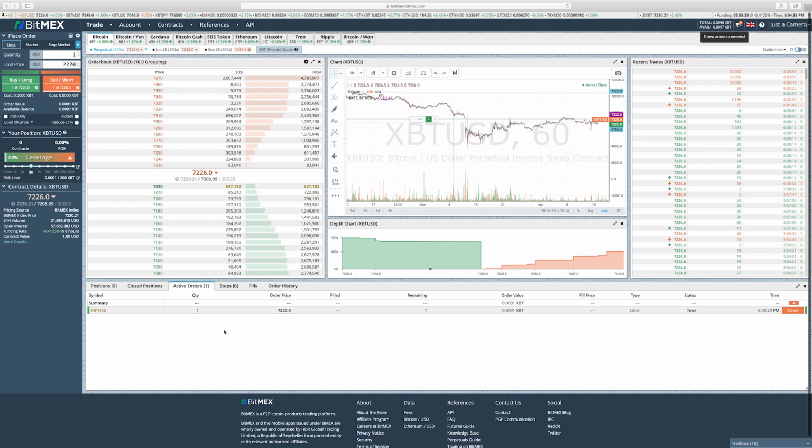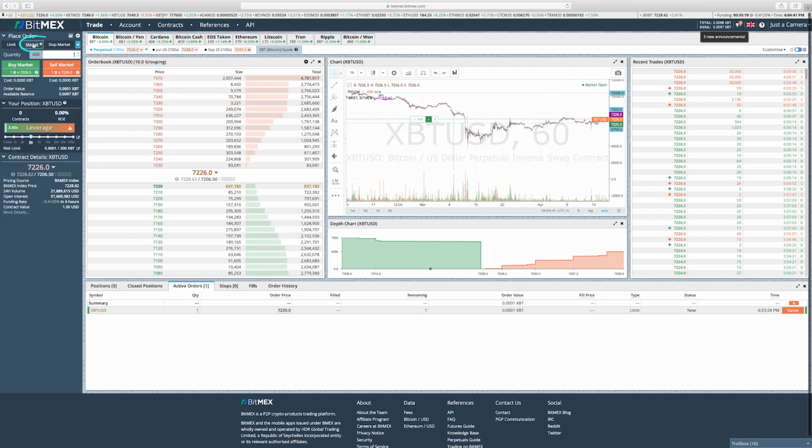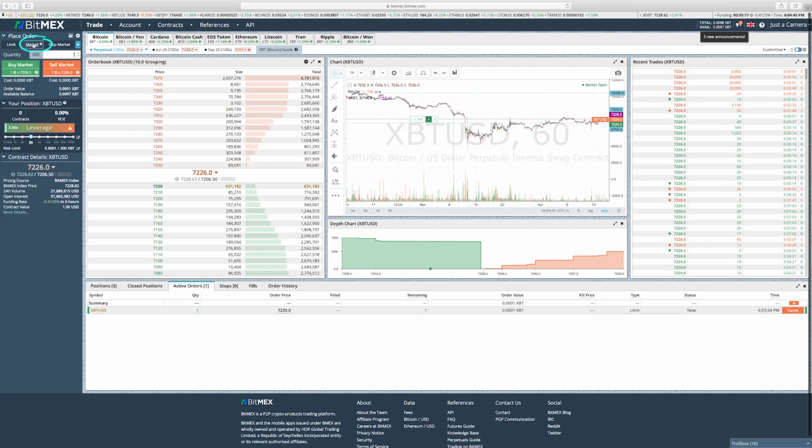Now we have a resting order in the market at 72.20 and we can see it here. Let's skip over to our market order and let's just take a look at what this would look like and refresh our memories on what a market order is versus a limit order. Well, we have this nice little question mark. We can see it's the fastest way to get an order into the market. As we know with a market order, we are taking liquidity from the market.